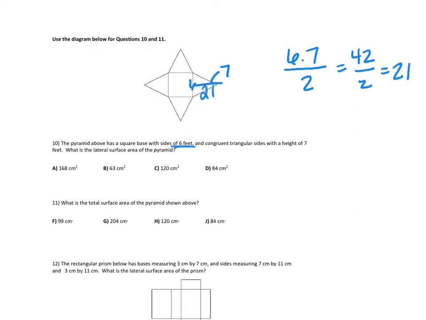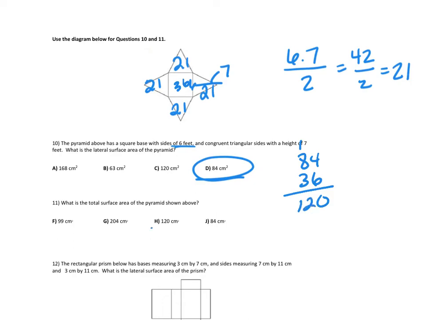So this triangle is 21, 21, 21, 21. And you're going to add all those 21, so it's going to be 84. So your lateral is 84. Your total would include the base, which would be 36. So 84 plus 36 is going to be 120.